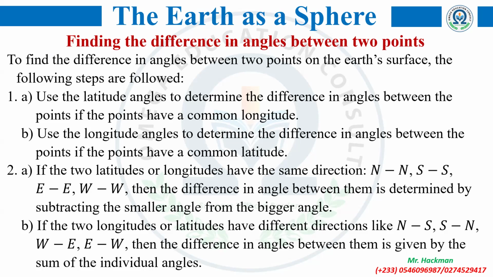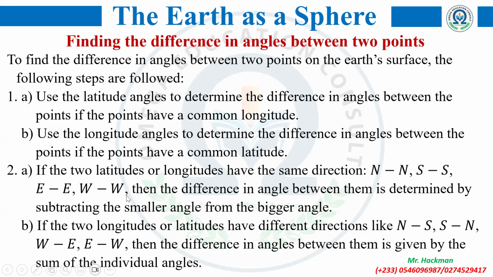If the 2 longitudes you are using to determine the difference in angle are in the same direction, maybe east, east or west, west, the first point's longitude is in the direction of east and the second one's longitude is also in the direction of east, or west.